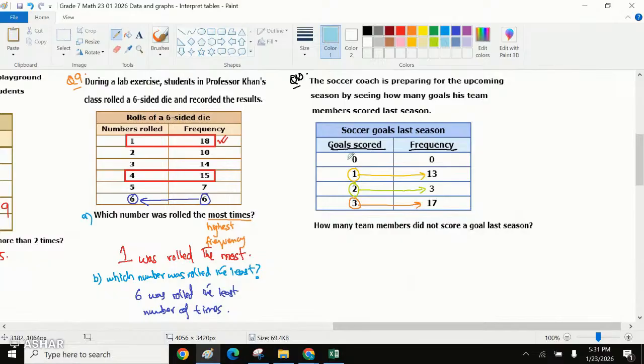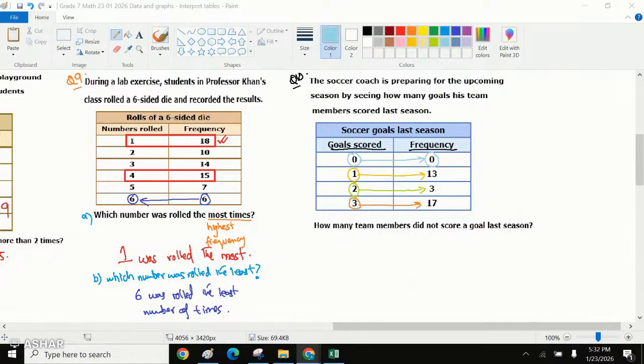But what our requirement in the question is, how many team members did not score a goal last season? Did not score means that we look at the frequency of 0 goals scored, right?